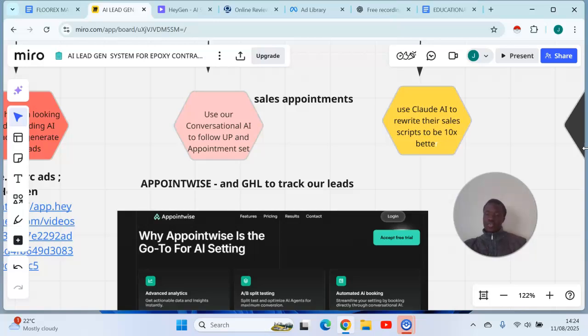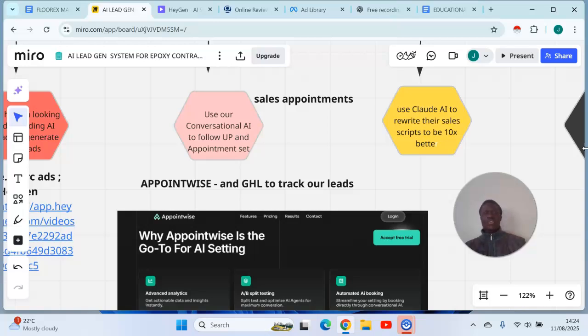If the lead is qualified and manages to book an appointment, the lead is transferred from the follow-up stage to the booked appointment stage. And if a lead declines and is not interested in the service, then our AI system will automatically remove the lead from the sales pipeline stage. So, guys, look at this.